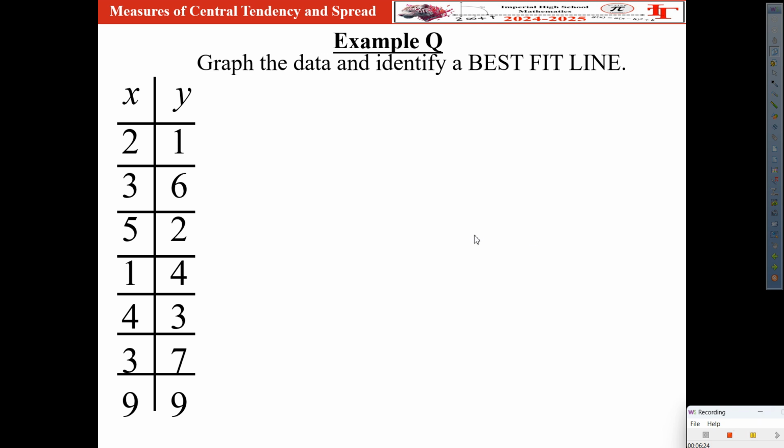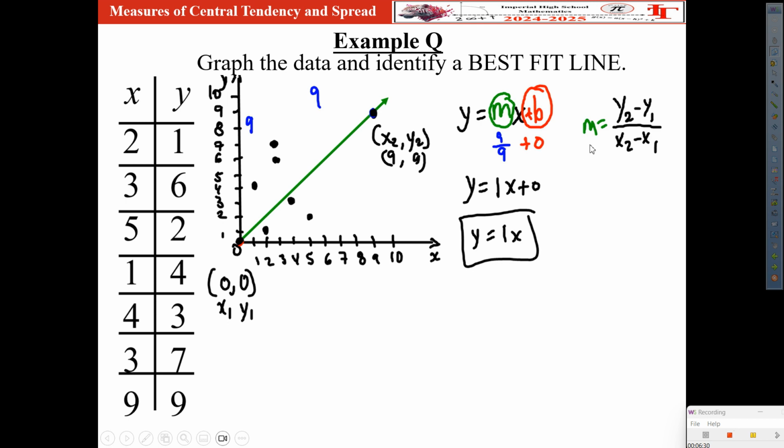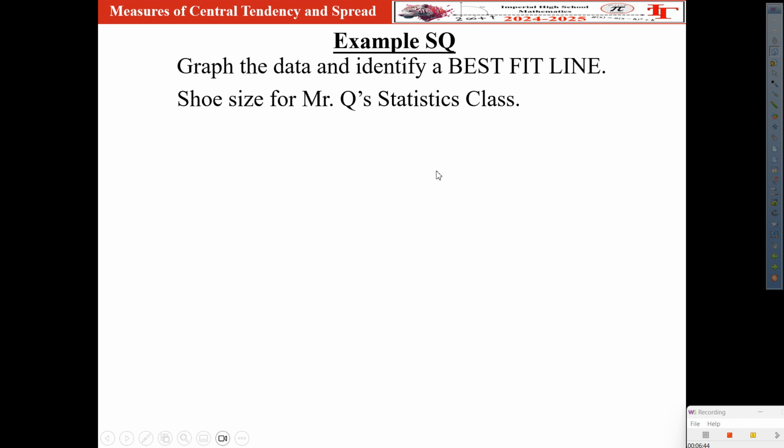We did the example, look up, and we were able to create a coordinate plane, plot the points, get a line, write a line, and I said we can use two formulas if you wanted to use the formula for slope as well by selecting those 2 points and so on and so forth. From there, we moved on to an exercise in class where we got everybody's size, and then all of a sudden we got the data.